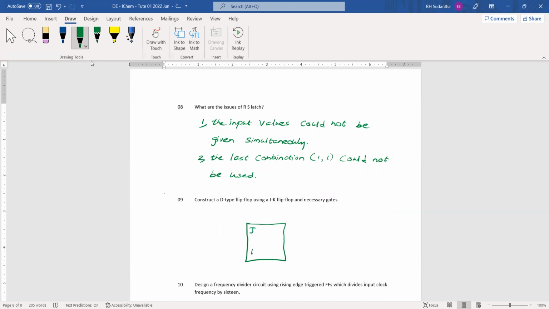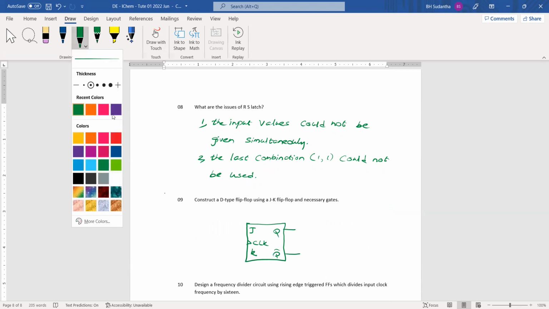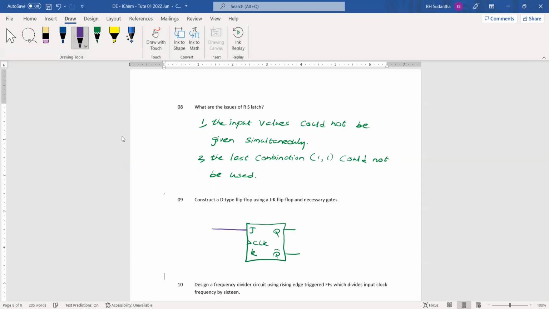This is JK, and this is clock input, Q bar. Giving this additional part here. And finally, we have this.